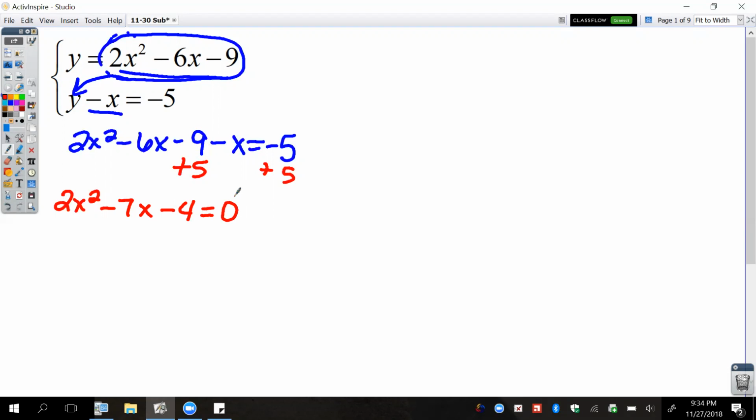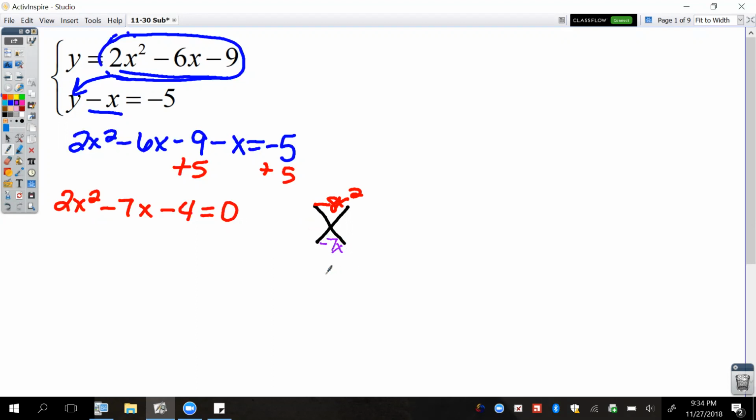A lot of your first options are going to be the quadratic formula, and if that's what you want to do, that's fine. I'm going to show you how to check for factoring as well. When we're factoring, you're always going to look for a GCF first. I'm going to do an a times c, creating that x. A times c, so 2 times negative 4 is negative 8x squared, and then my b value is minus 7x.